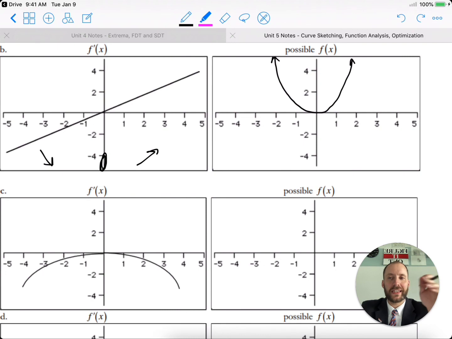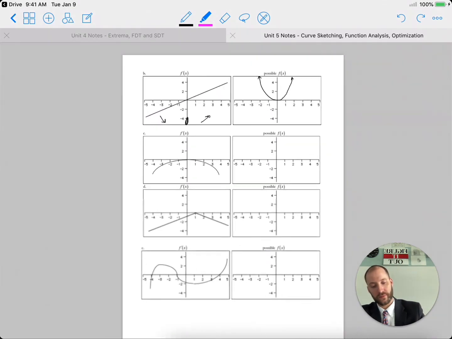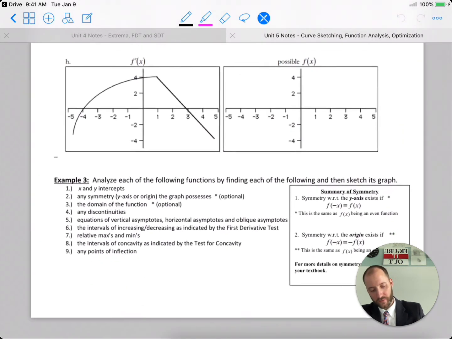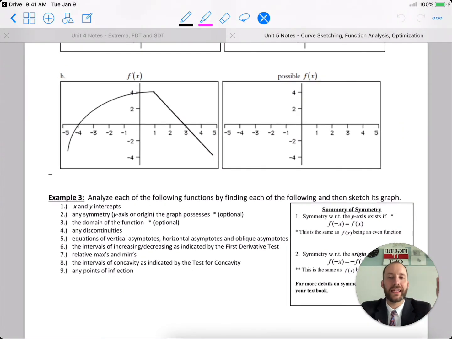For the rest of the examples in example 2, take a look at those, sketch possible graphs, then check my completed notes online. And for the rest of the section, analyzing graphs of functions: maxes, mins, intercepts, domain, discontinuities, vertical asymptotes, increasing and decreasing behavior, concavity, minimums, maximums, points of inflection.